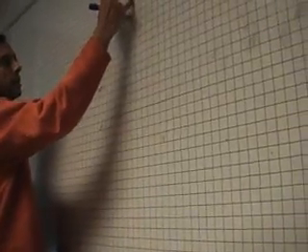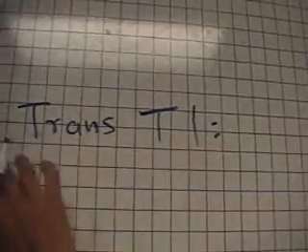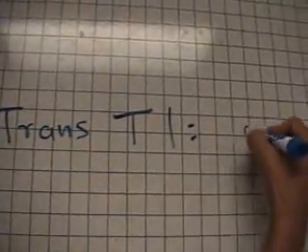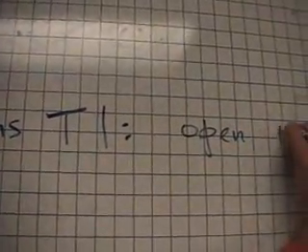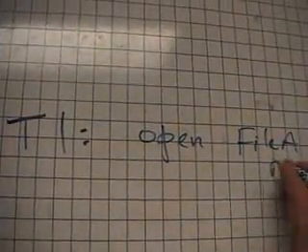So let's say that transaction T1, in this timeline, opens file A, read write. Okay.